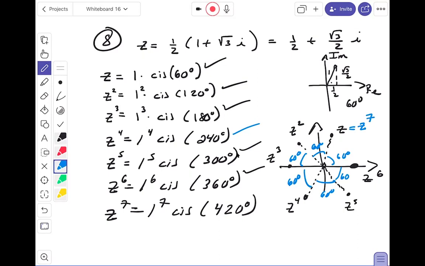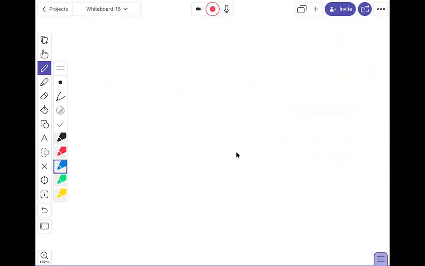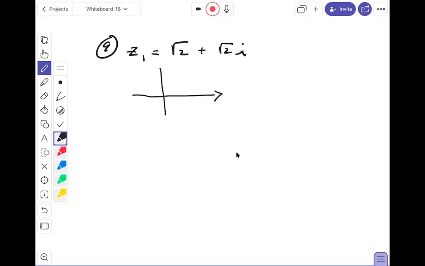So let's go to the next one up, which is number 9. Writing this down for you. And they give me z1 equals root 2 plus root 2 i. Well, I still want to visualize this in terms of the real and the imaginary part and find out what the angle is and all that kind of nice stuff about it. So I get the polar form down. All right. So root 2.